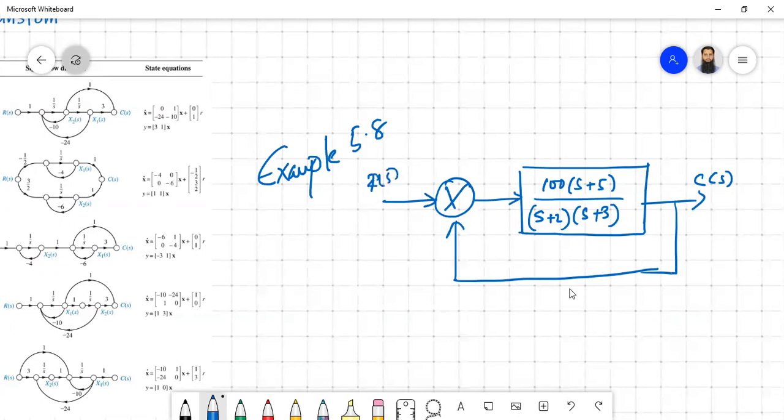This is C(s), this is R(s), and this is the error. So we have to represent it in state space, and the forward path transfer function has to be modeled in cascade form.